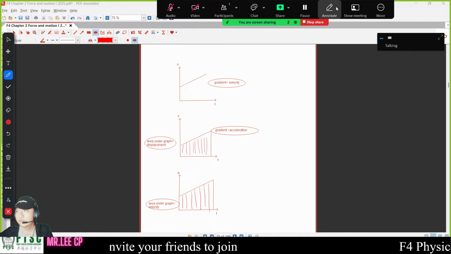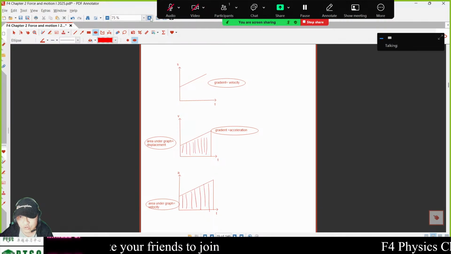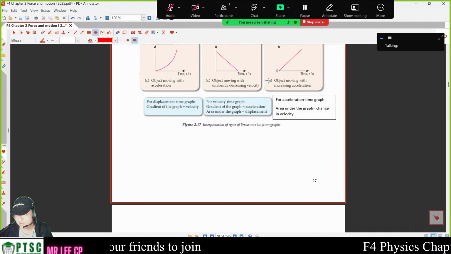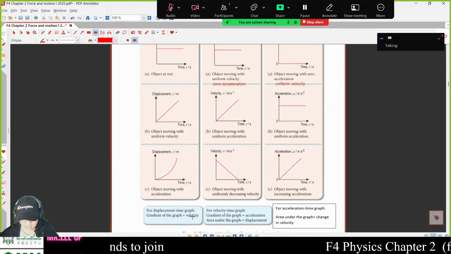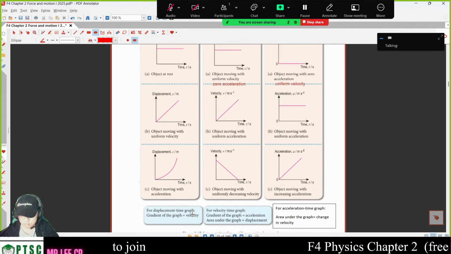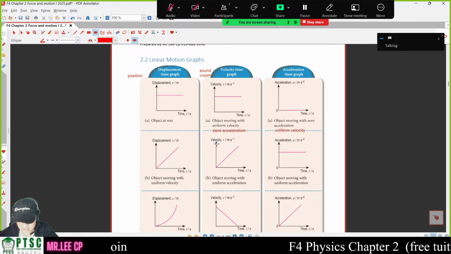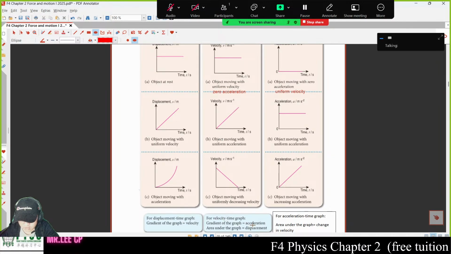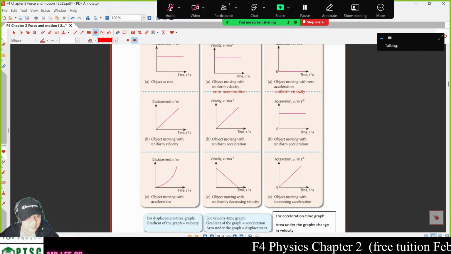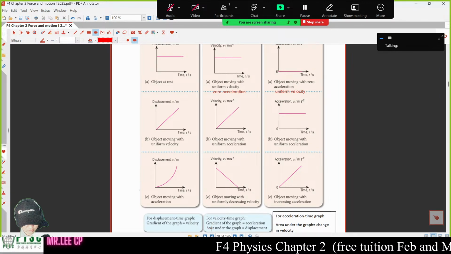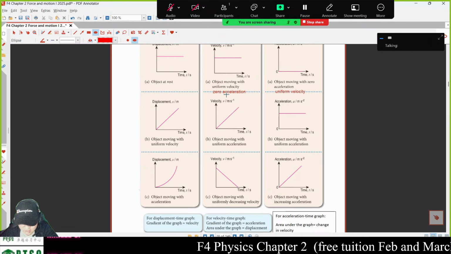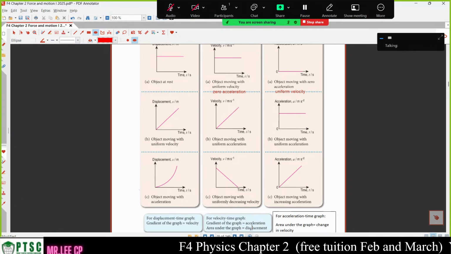If you get used to it, you don't even need to memorize. Now this is the ST graph. The gradient is velocity. This is the VT graph. The gradient, go down, is acceleration. So now the area under the graph, go up, is displacement.